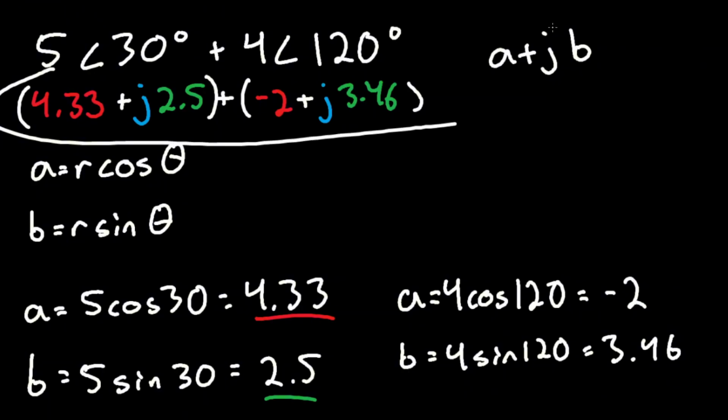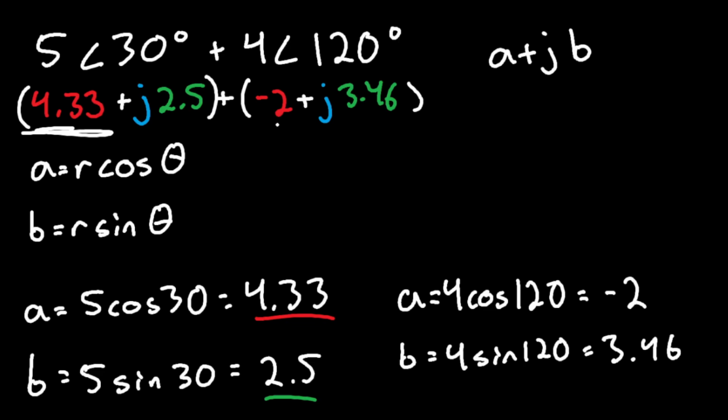Okay, now that we have this in complex form, in rectangular form, we can just simply add the numbers together. So we can add the real numbers together, 4.33 minus 2, and we can add the imaginary numbers together.